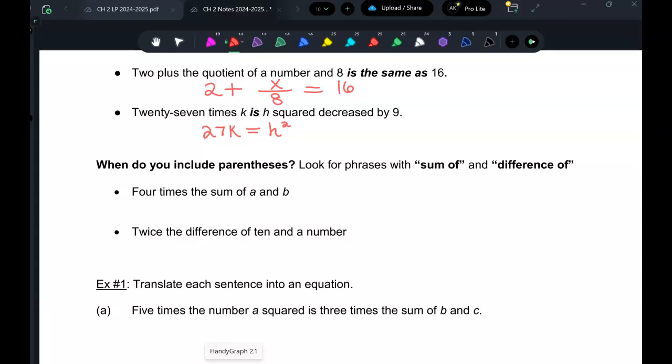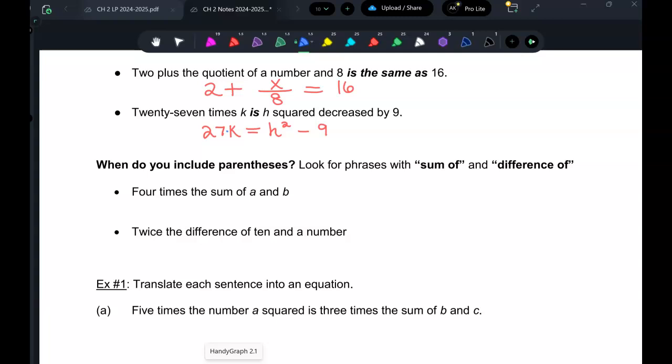So we put H squared decreased by 9. Also do 27 with the little dot? Sure, if you want to put a dot in between, you don't have to. How do I know it's not 27K? If there's a number and a letter next to each other, it means multiplication.